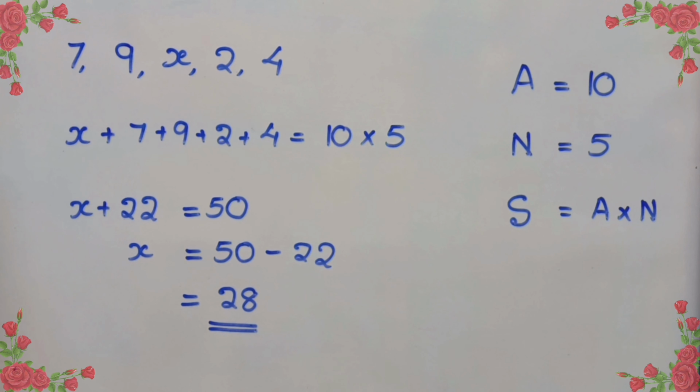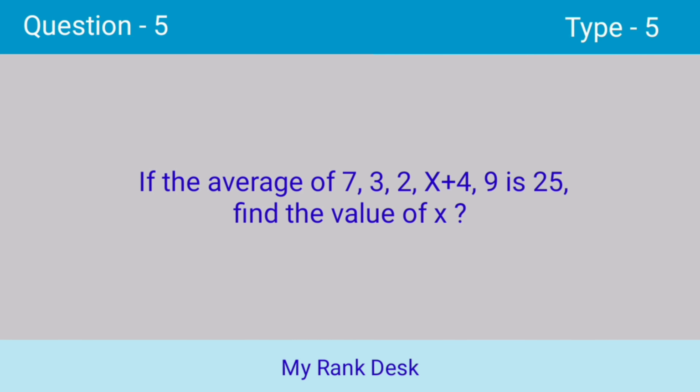Next question. If the average of 7, 3, 2, x plus 4 and 9 is 25, find the value of x. Let's see how we can find the answer. Find the sum of observations by adding the observations together.